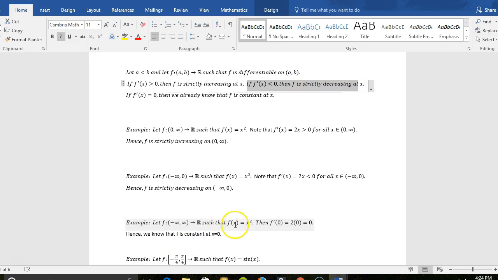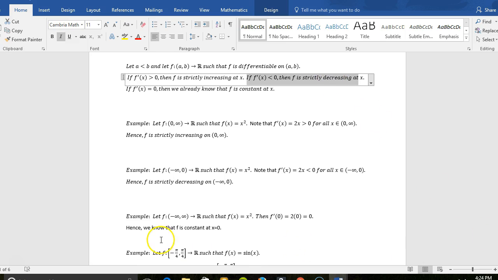So this here is a consequence of this guy right here. So moving on. Now let f be a function from the reals to the reals. Negative infinity to infinity is just the reals, so you could just call this R. Let f be a function from R into R itself, such that f of x equals x squared.